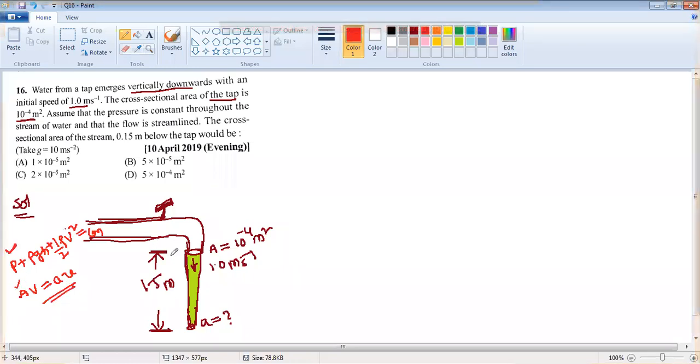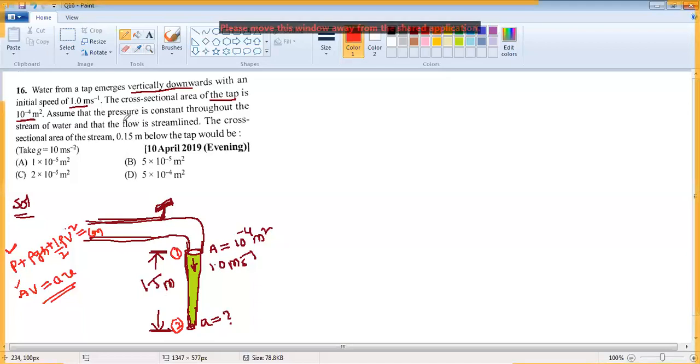First of all, look here. This is position 1 and this is position 2. He gave a very important condition: assume that pressure is constant throughout the stream. That means you ignore the pressure, and take only these two energies, potential energy per unit volume and kinetic energy per unit volume. Now I took this as the reference point.